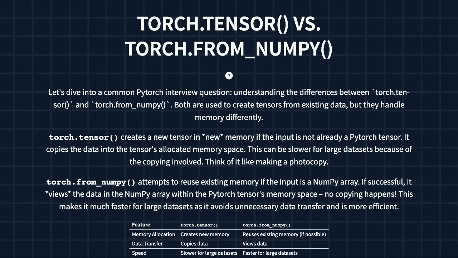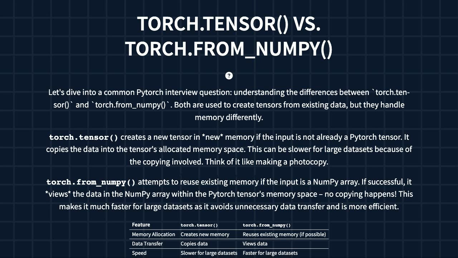Okay, let's talk about torch.tensor and torch.from_numpy. They both help you get data into PyTorch as tensors, but they do it in different ways. If you're starting with something that isn't a PyTorch tensor, like a NumPy array, then torch.tensor creates a brand new tensor and copies the data over to it. This can be slower if you have huge amounts of data because everything has to be moved around.